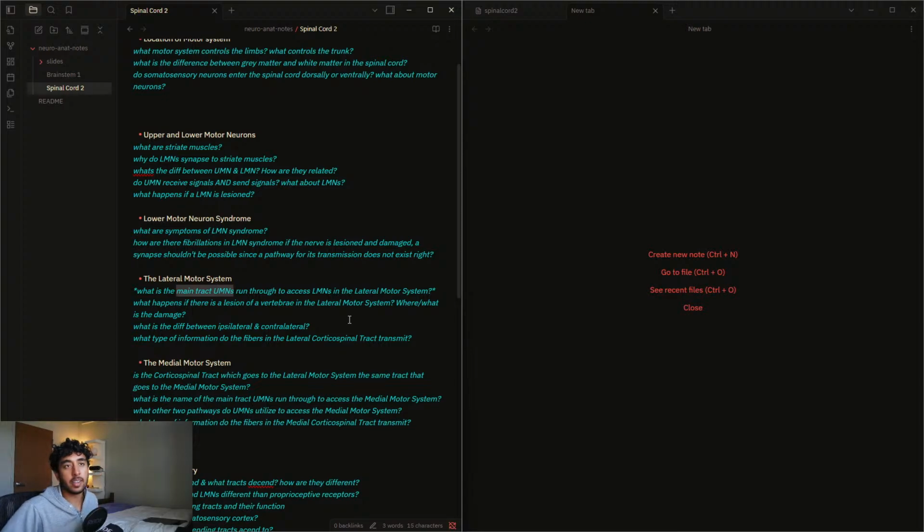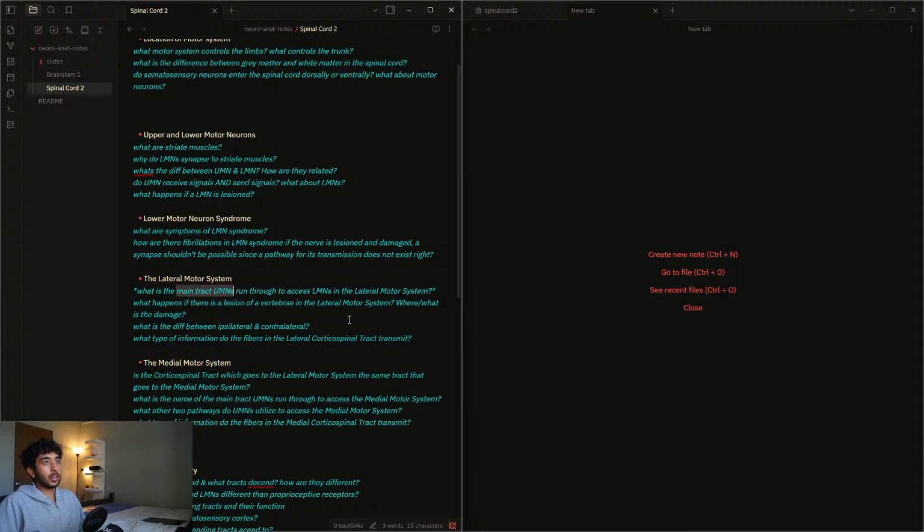There's lateral and medial. The lateral motor system uses the corticospinal tract, whereas the medial motor system uses not only the corticospinal tract, but also the vestibulospinal and reticulospinal.